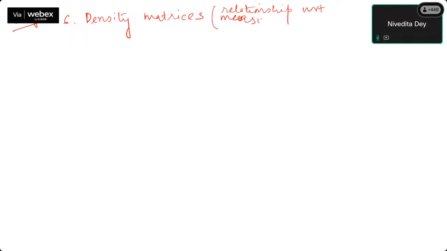Our next agenda for day 4, topic number 6, is the density matrix, the density matrices, and how the measurement varies, its relationship with respect to measurement theory.